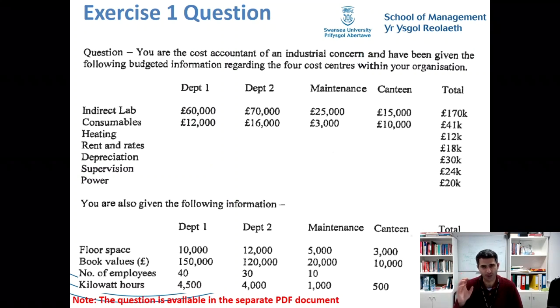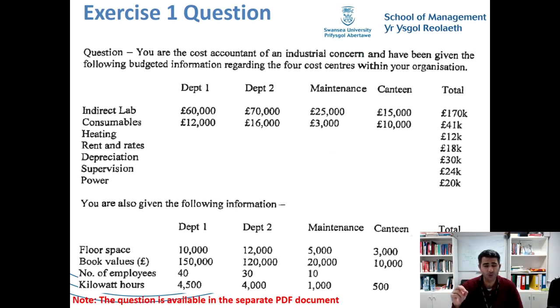So what's our job, guys? Can you see the overheads there? It starts from indirect labor, where the total is £170,000.